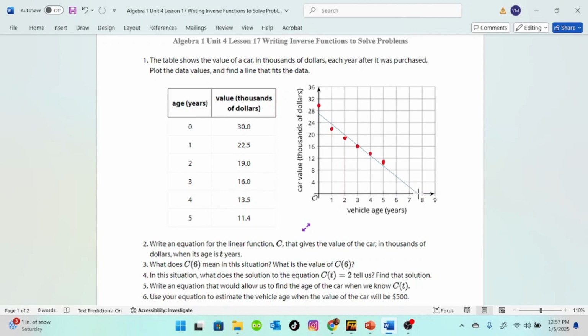And we add our line of best fit. So that takes care of number 1.